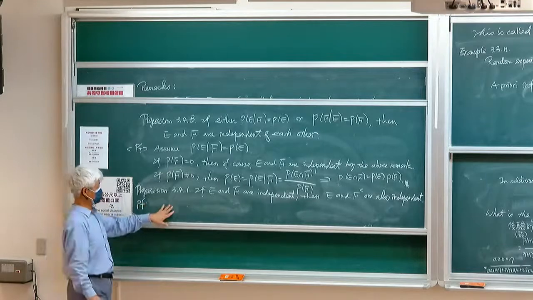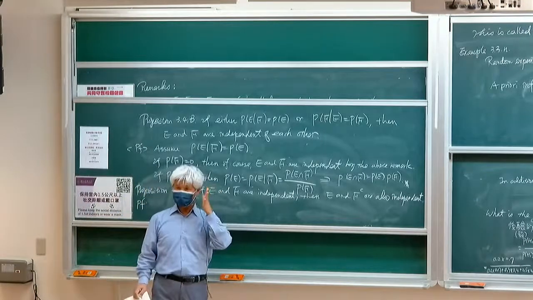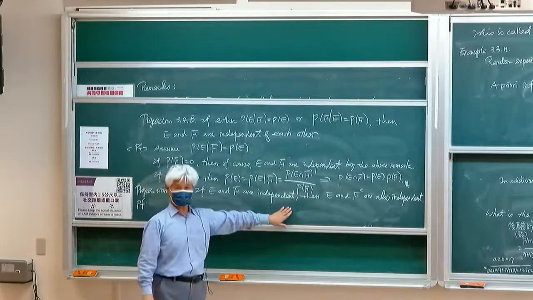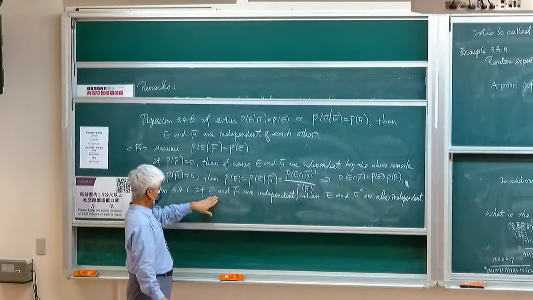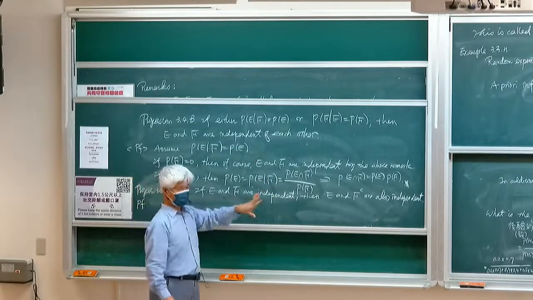Before I give a formal proof, we can think about that. This is quite reasonable, right? Because it says that E and F are independent of each other.